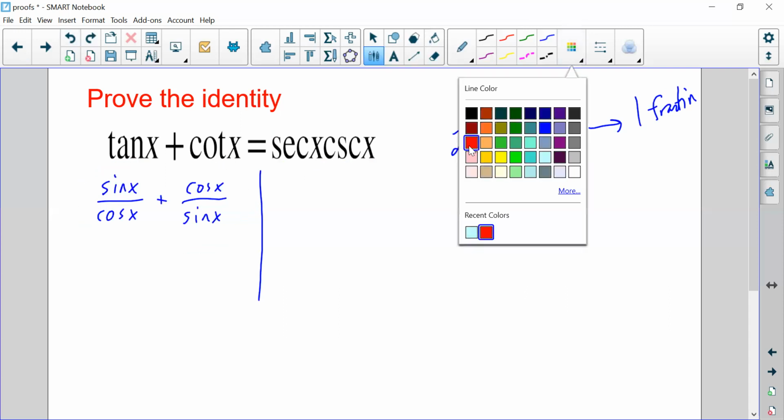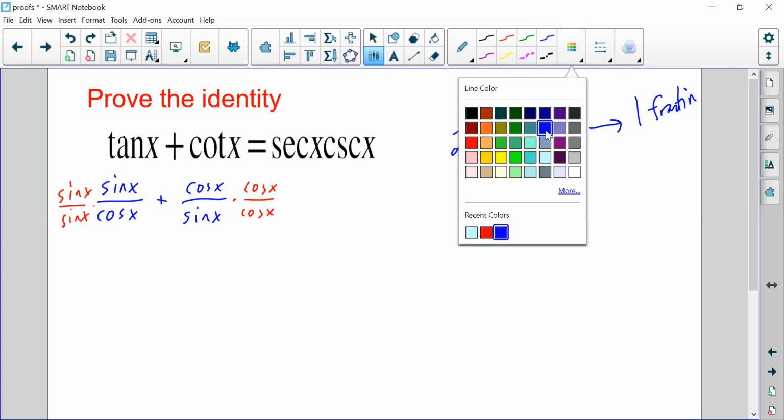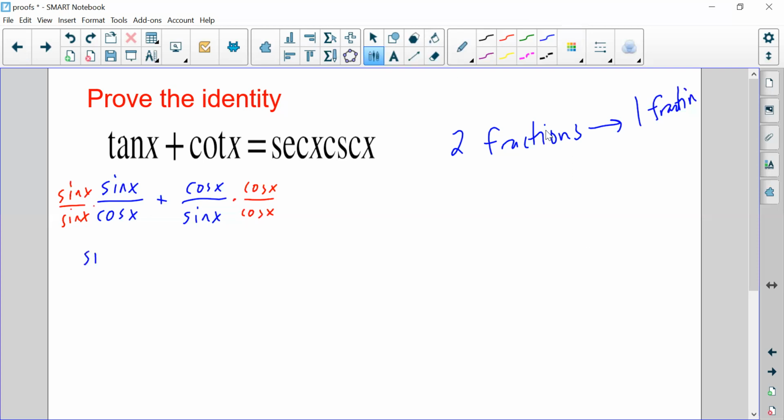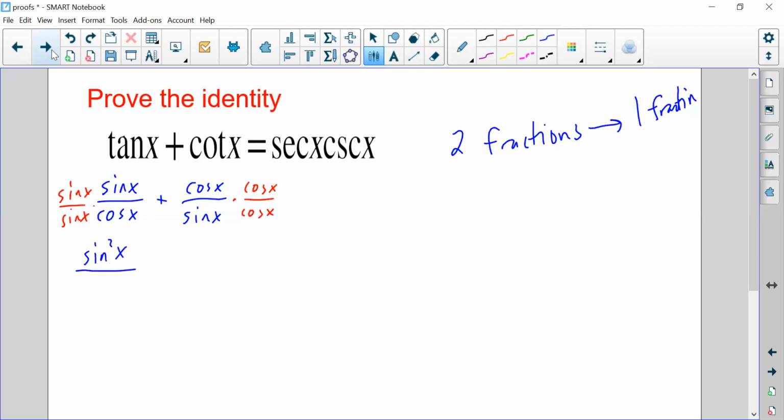So we first have to get a common denominator. So I'm going to multiply this by cosine x over cosine x, which is just 1. I'm going to multiply this by sine x over sine x, which is just 1. And this becomes sine squared x over sine x cosine x plus cosine squared x over sine x cosine x. Oh, sine squared, cosine squared.